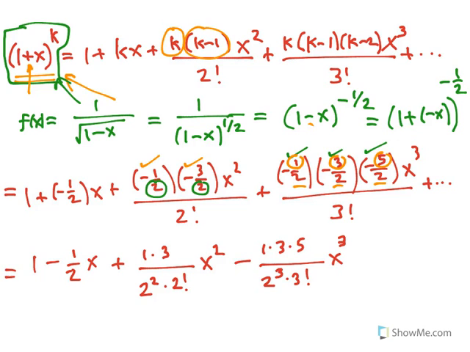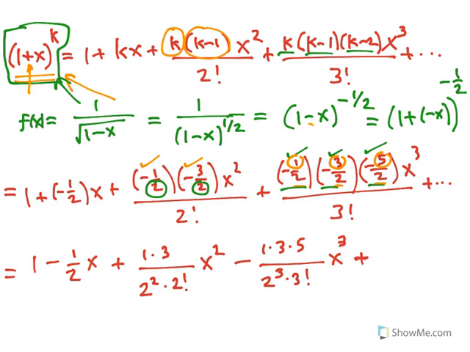And if I were to do one more term, I would see that that term would be positive. What I will be doing is k times k minus 1 times k minus 2, which I already have here. But then I will also be doing k minus 3. So that's going to be negative 1/2 minus 3, which will give me negative 7/2. So I will have 4 negative factors.